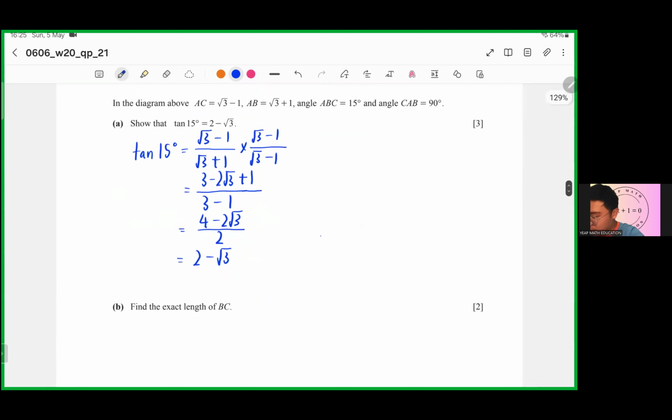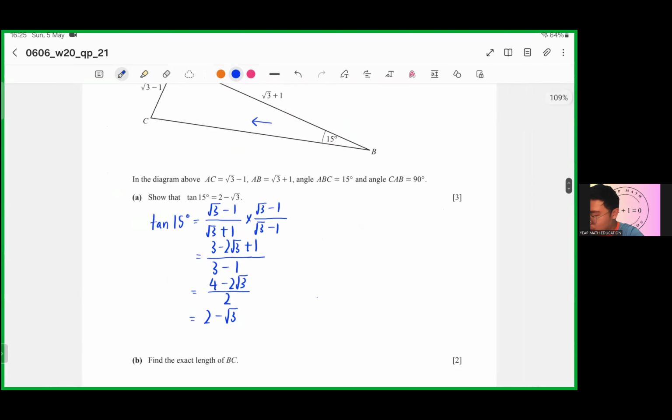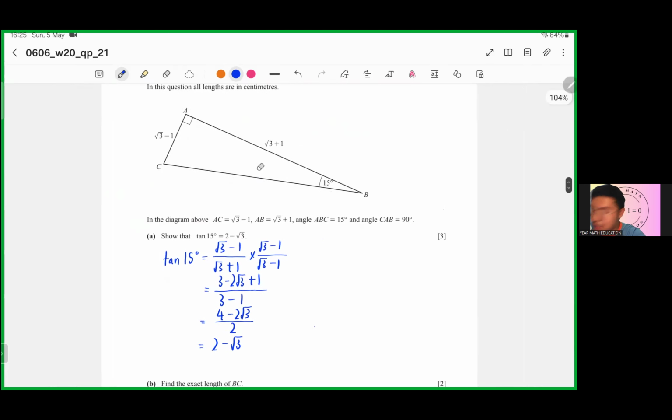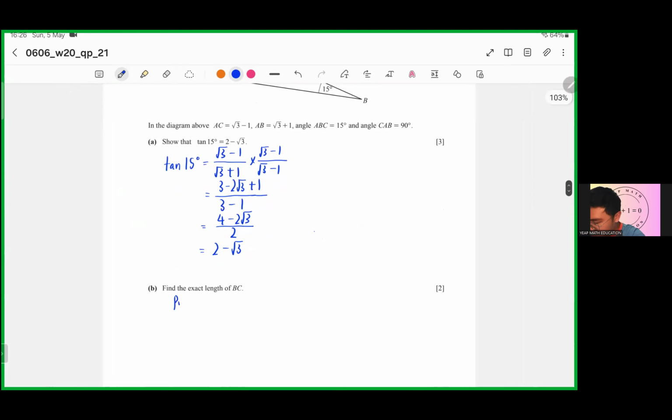And then find the exact length of BC. Now you see this right-angle triangle, right? Actually, we can relate to the Pythagoras theorem.